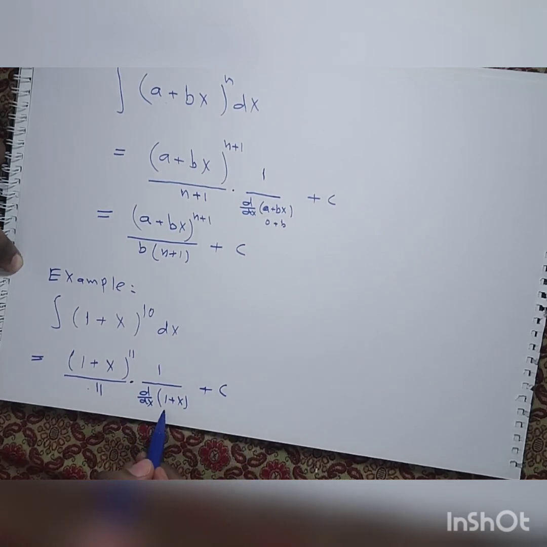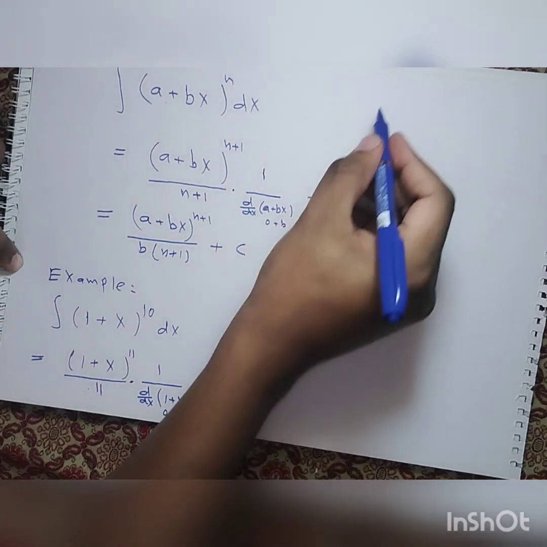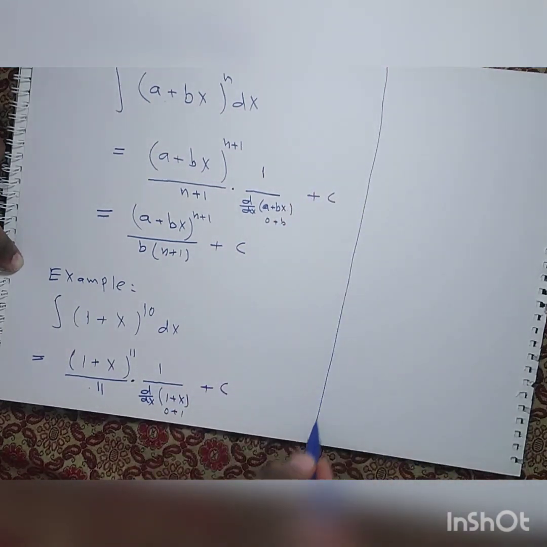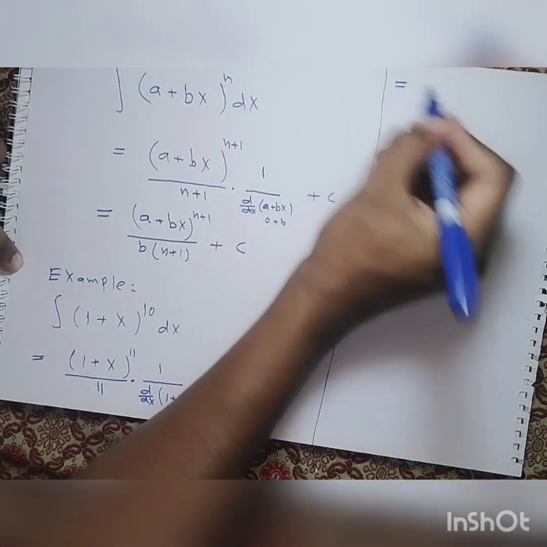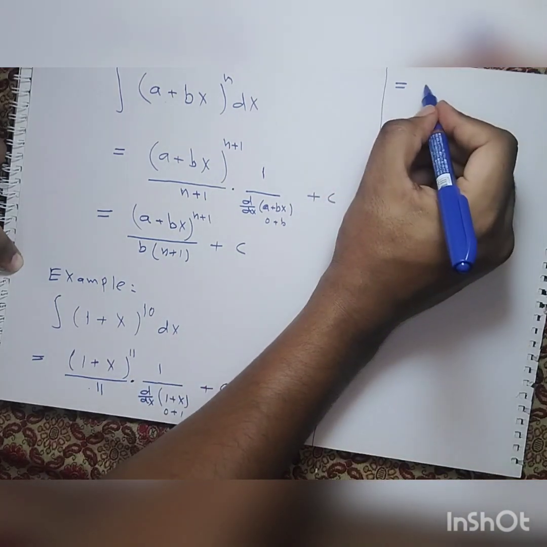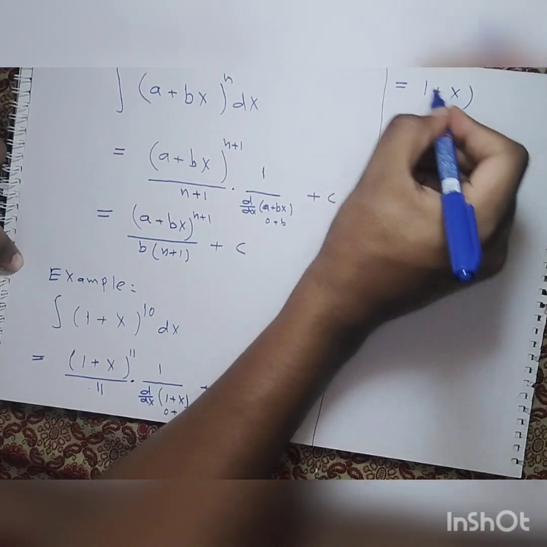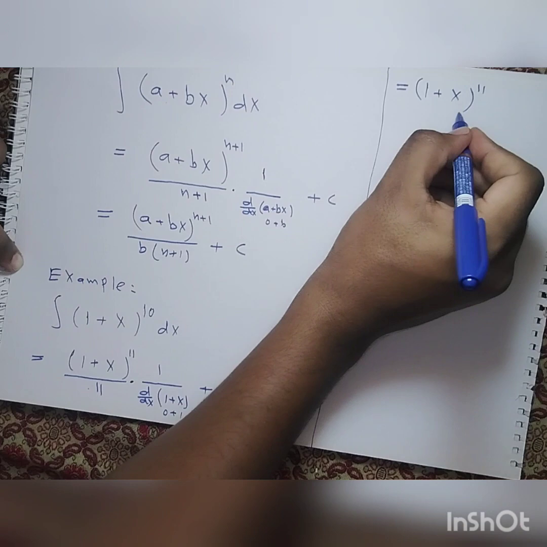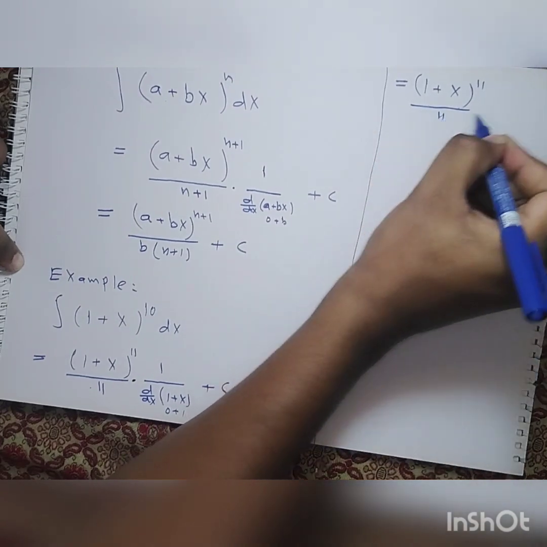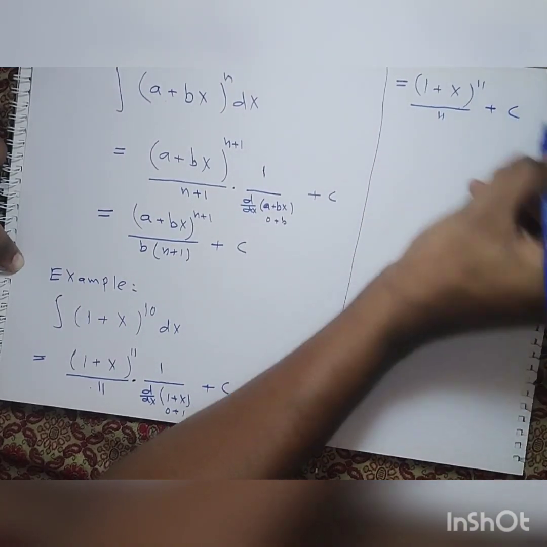Of course the derivative of 1 is 0 and the derivative of x is 1, so that means we don't need anything here. So our answer is (1 plus x) to the power 11, divided by 11 plus c.